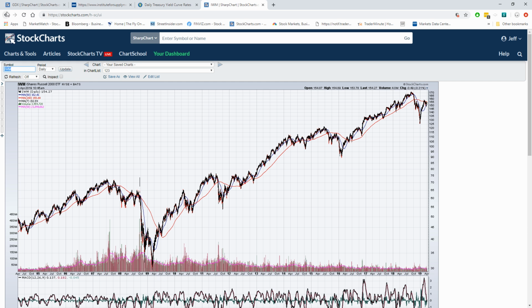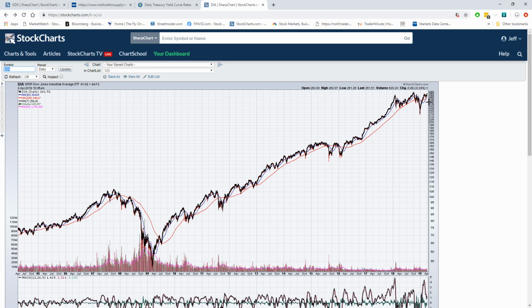So, I don't look at those and read too much into it from a market standpoint, in terms of anything short term or even middle term. But the reality is that when the 50 is above the 200-day moving average, the market tends to go up. I mean, the biggest gains of the market happen when the 50 is above the 200-day moving average.